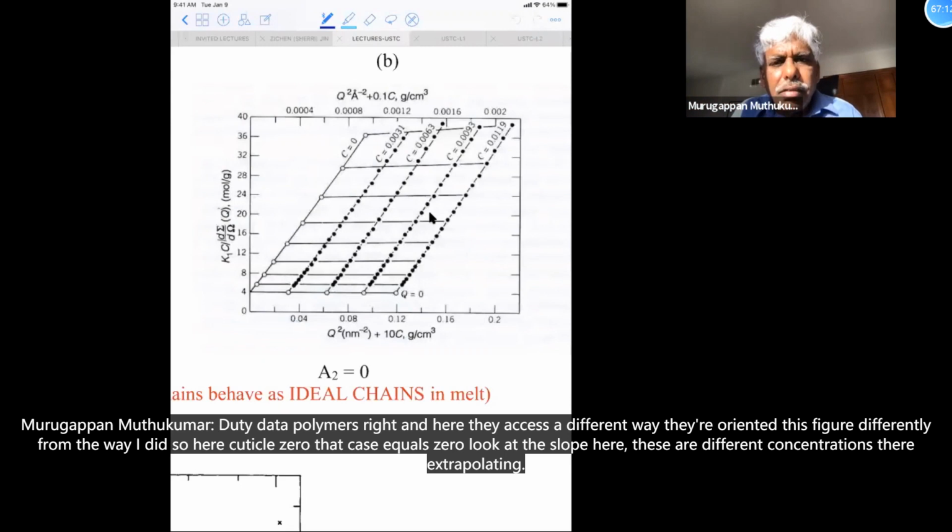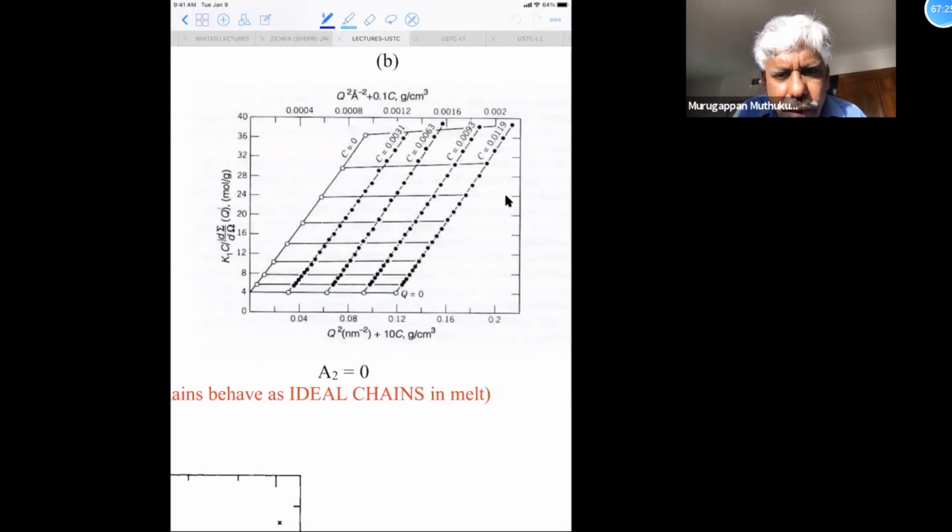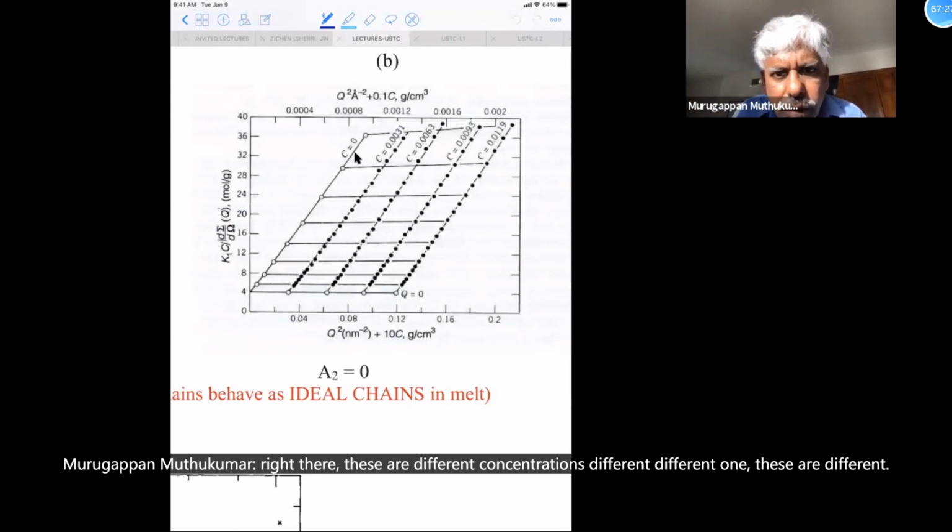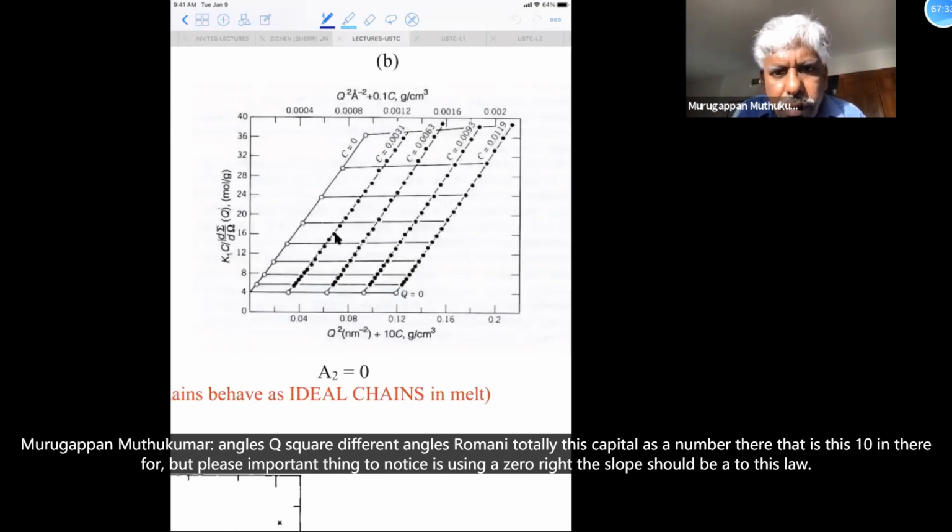Here the axes are oriented differently from the way I did. So here, q equals 0. Look at the slope here. These are different concentrations, and they are extrapolating. These are different angles, q squared.